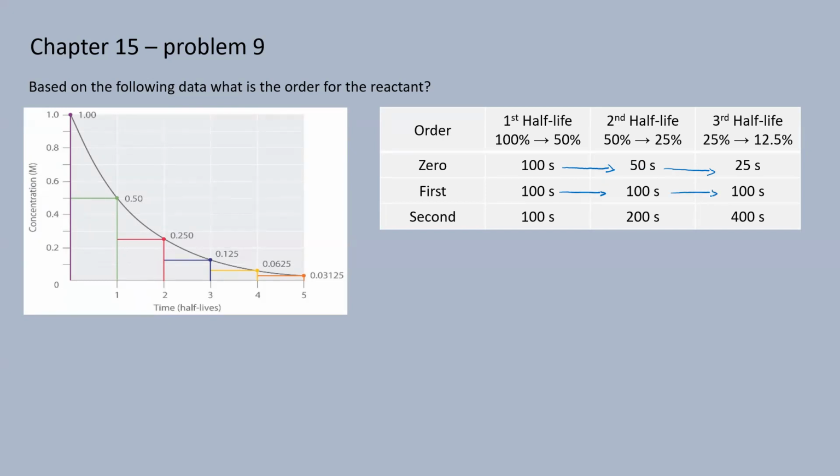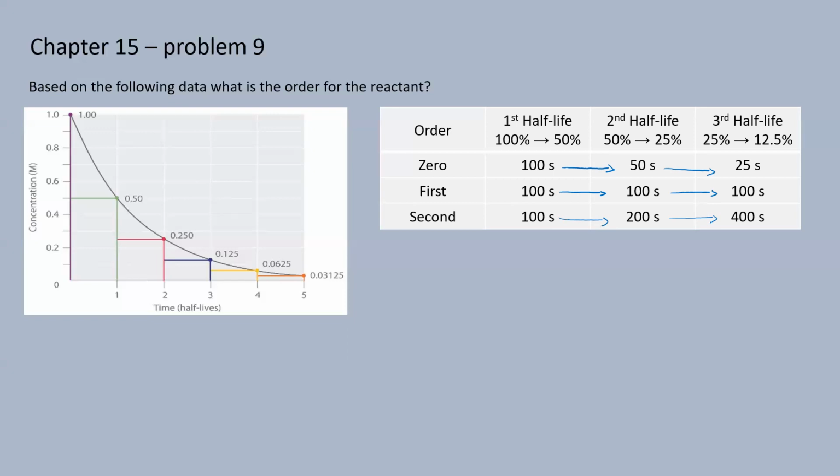So every single one would be 100 seconds. It's staying constant regardless of where we are in the course of the reaction. For second order, it went from 100 seconds to 200 seconds to 400 seconds. So that's definitely getting longer, but noteworthy, it's doubling each time.